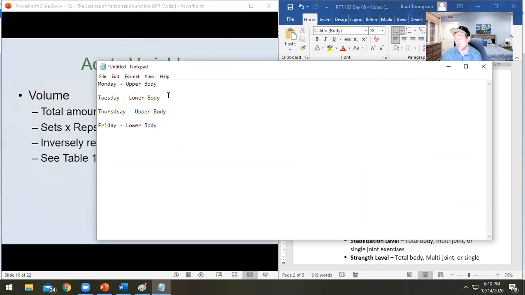So let's say I'm doing a 4-day split here, right? And I'll do cardio on Wednesdays and Saturdays. So we'll put that up here. Wednesday, cardio, Saturday, cardio, Sunday, rest, right? So this is a pretty basic routine.